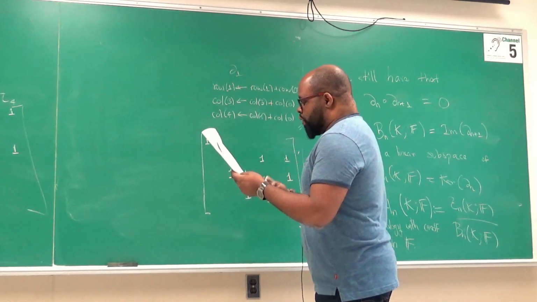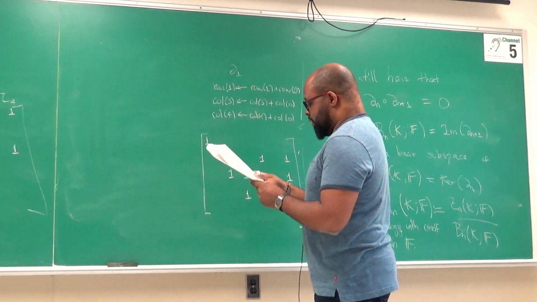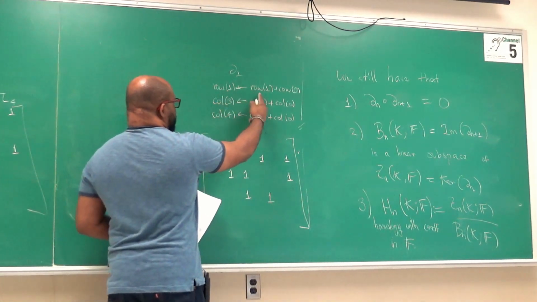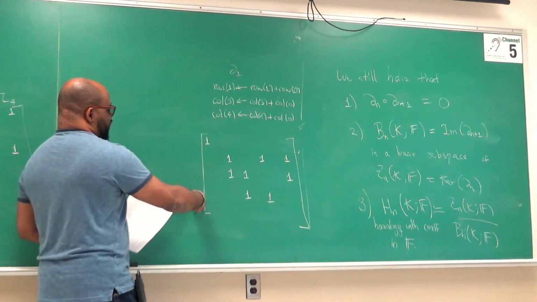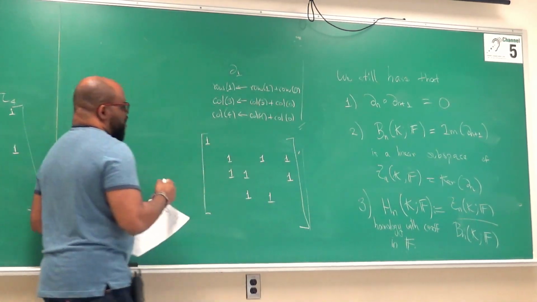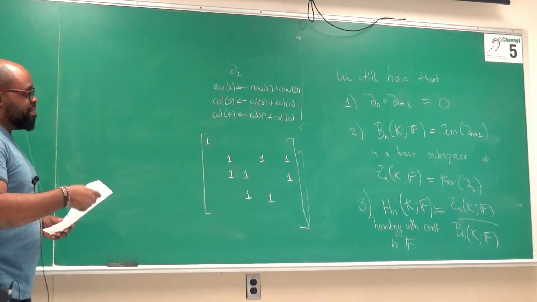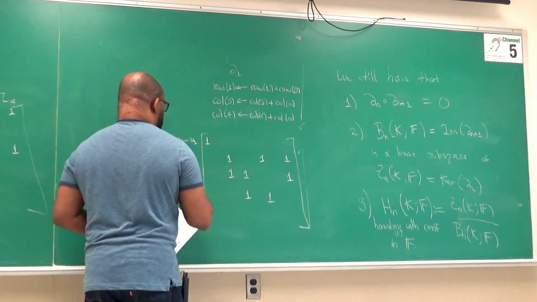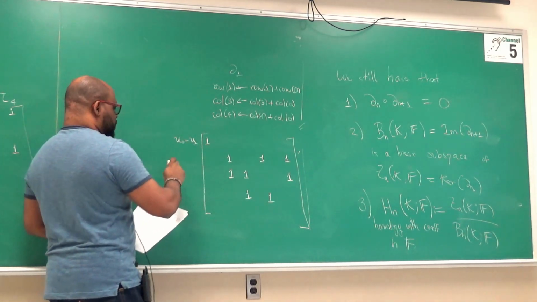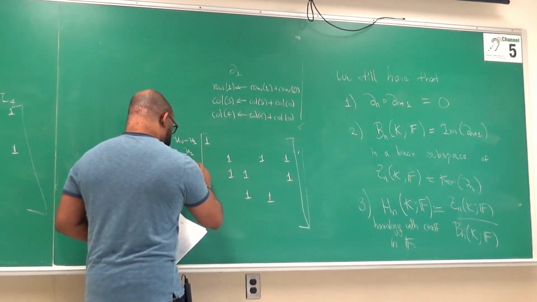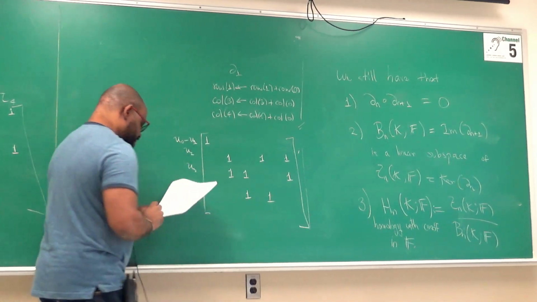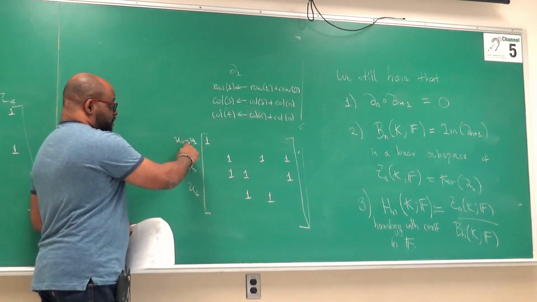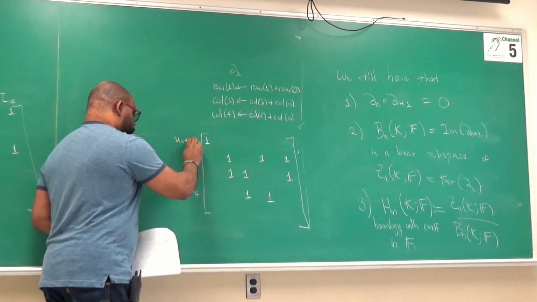And let's see what the effect of the operations was. Remember that when you're doing row operations, you affect the bases. So here you would have, say, U0 minus U1, and there are no other row operations, so no change to U2, U3, and U4. And now remember that minus 1 is the same as 1.